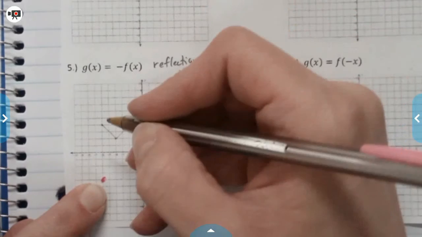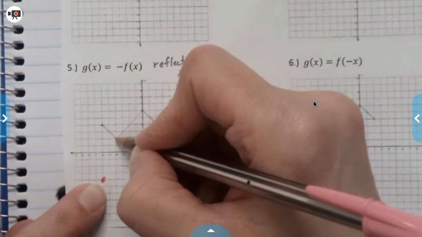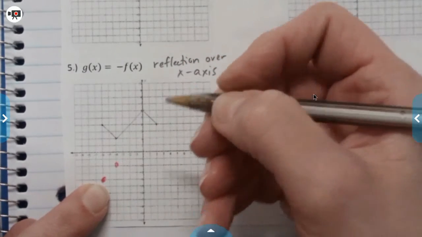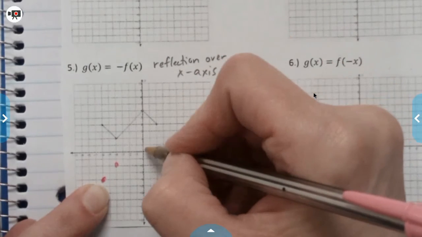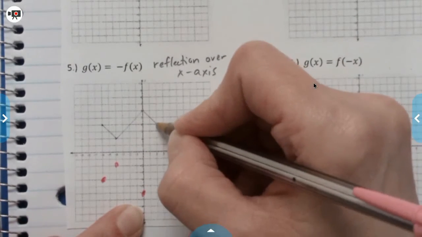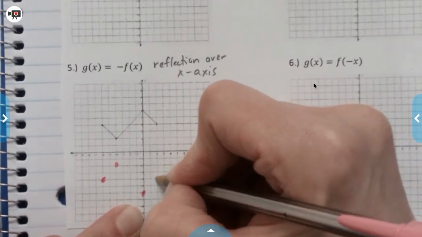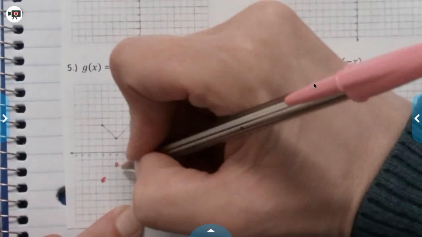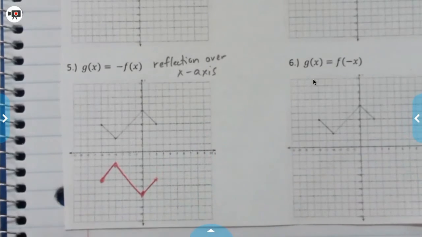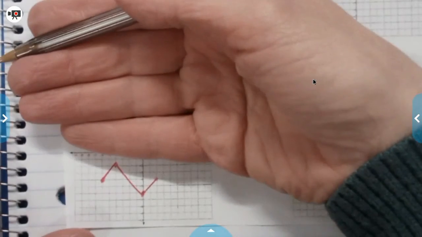This next point is 2 points above the x-axis, so I'm going to flip it and make it 2 points below. This one is 6 above, I'm going to make it 6 below. And this one's 4 above, so I'm going to make it 4 below. We're going to connect those like that. It should look like we took it and flipped it over.